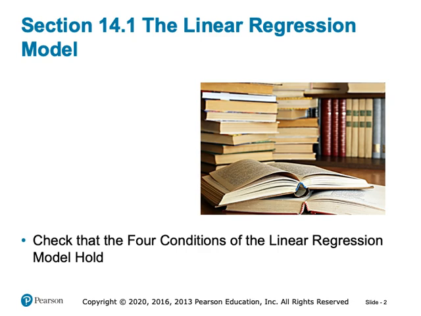However, for the predictions and inferences we make using this model to be valid, we must ensure that certain conditions are met. This section focuses on the critical task of checking that the four conditions of the linear regression model hold. These conditions are not just technicalities, they are fundamental to ensuring that our model accurately reflects the underlying data and that the conclusions we draw are reliable.